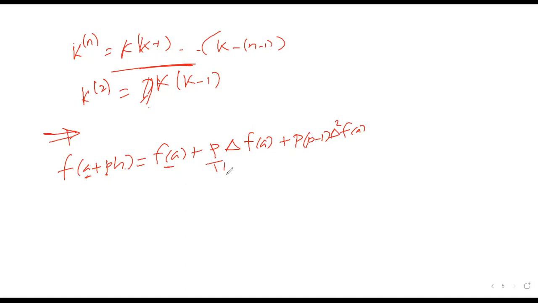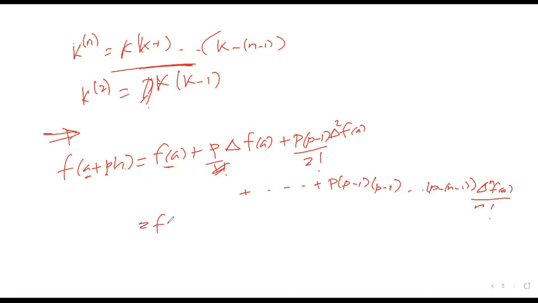Here, like 1 factorial, we don't put anyway. This is 2 factorial. So the next term up to nth one will be p into p minus 1, p minus 2, up to p minus n minus 1, delta n f of a divided by n factorial. So I have some idea like this now. For the p I can put p1, and p1 itself, k1 will be k itself, no?